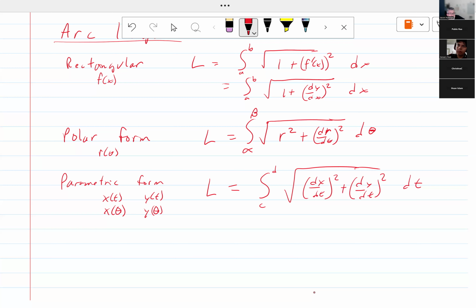So again, a parametric equation can have theta in it. Make a note of that.